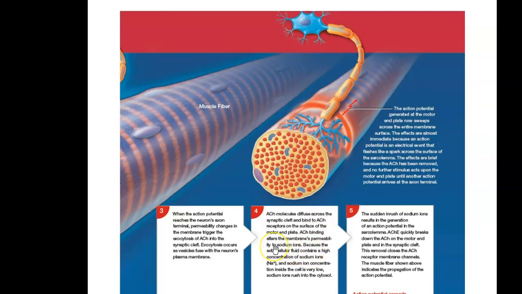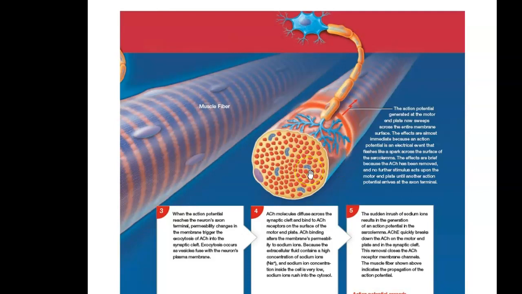And that leads to the membrane becoming highly permeable to sodium. So sodium ions rush in, and in step 5, because of the rushing in of the sodium ions, this changes the voltage or the potential in the sarcolemma of the muscle fiber from -70, and it starts going more positive because sodium ions are positively charged.